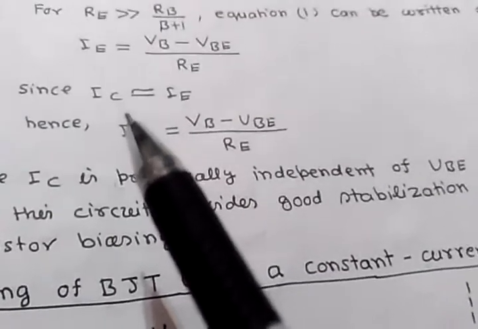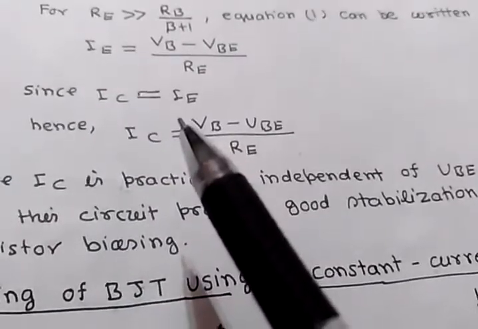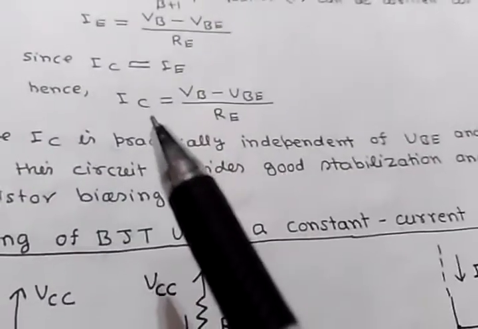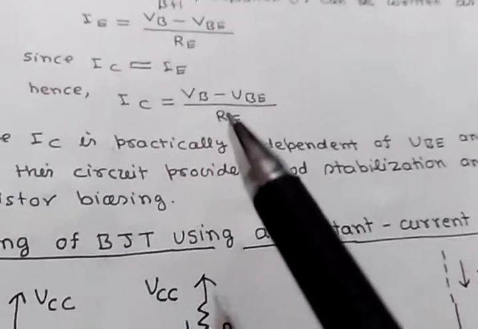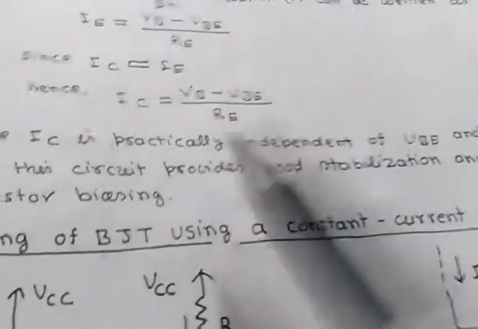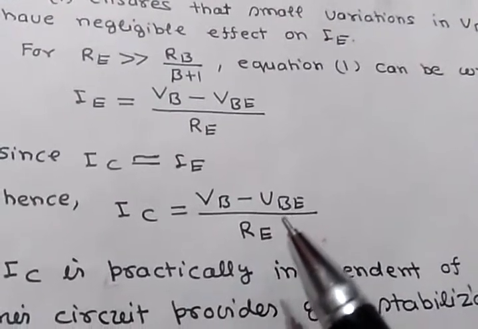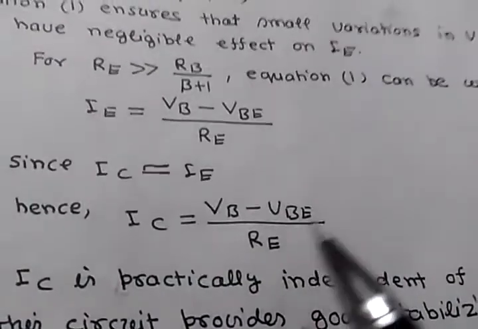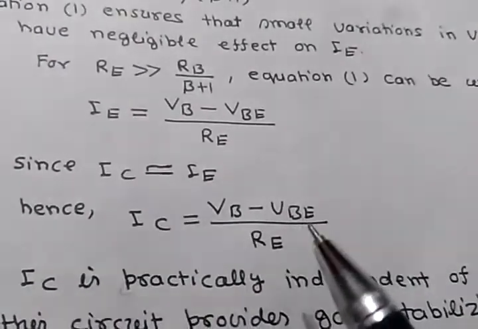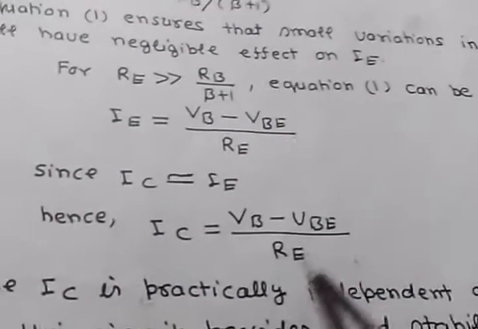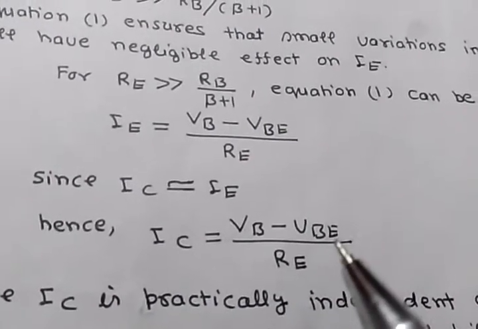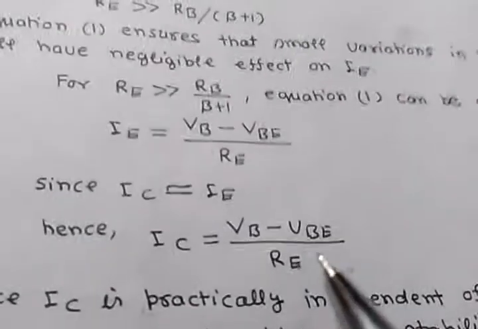Since collector current is nearly equal to the emitter current, we can write collector current IC equals VB minus VBE upon RE. We also know VBE, base emitter voltage, in case of silicon transistor is 0.7 volt and in case of germanium transistor is 0.3 volt.